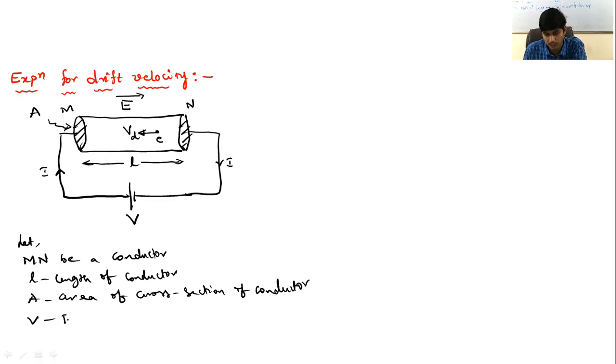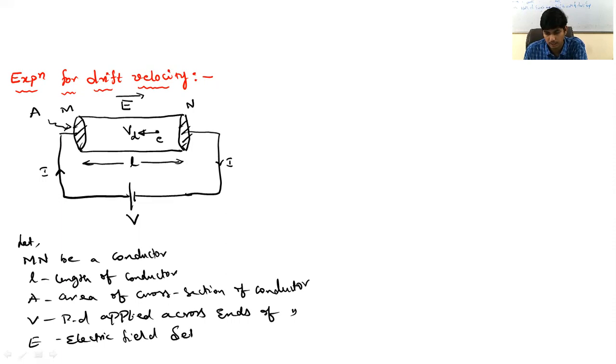V is the potential difference applied across the ends of the conductor. E is the electric field set up inside the conductor.